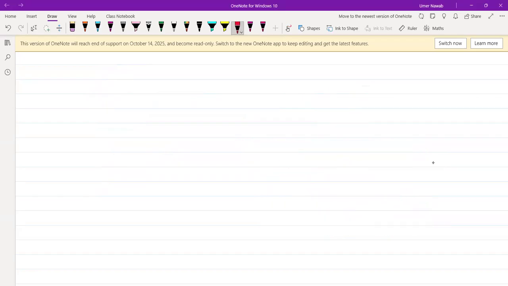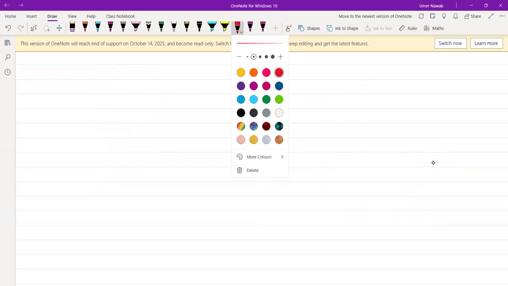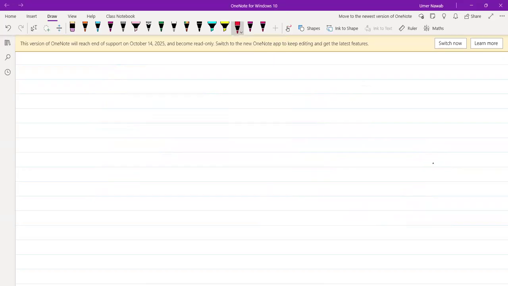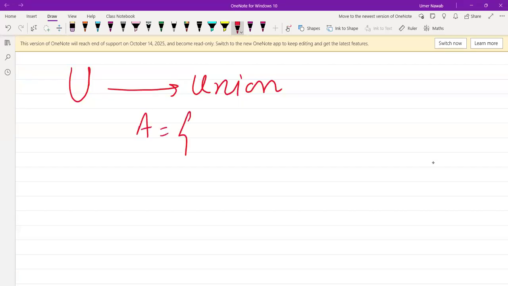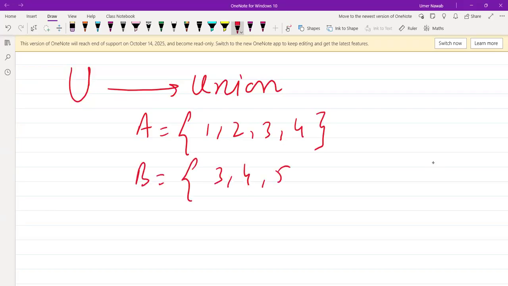Now, there are two operations very important for us to know when we do sets. The first is union, which is much easier. If I give you set A as 1, 2, 3, 4, and set B as 3, 4, 5, 6, 7, I am not interested in the common elements.